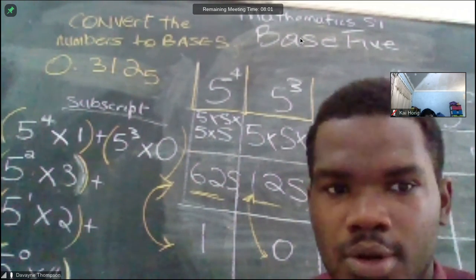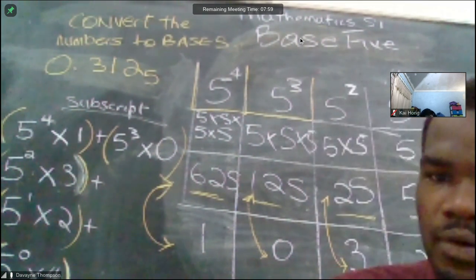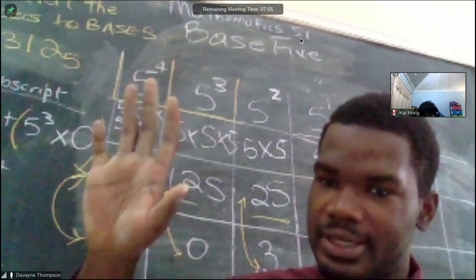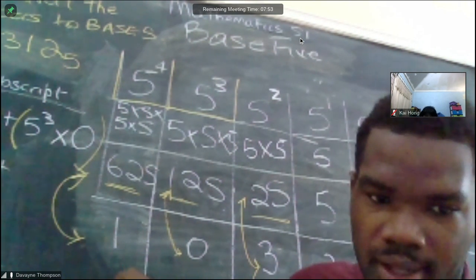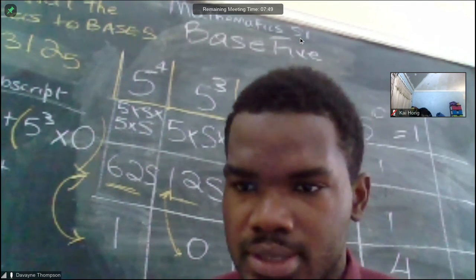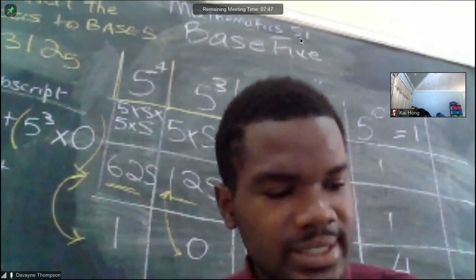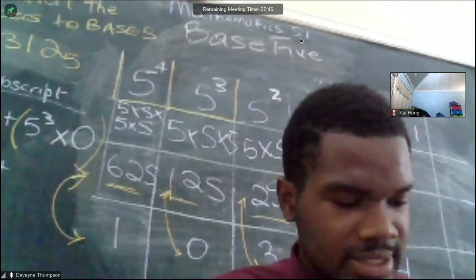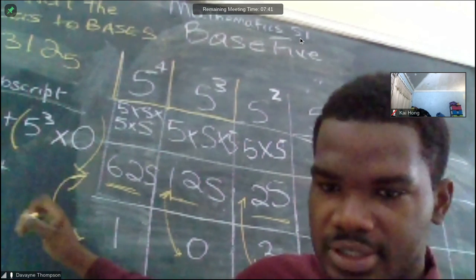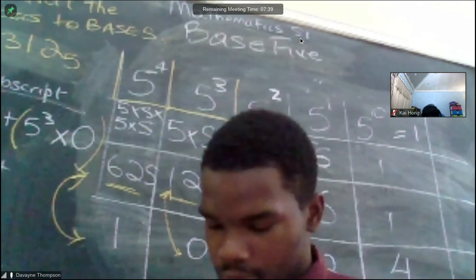No, sir. No, right? So therefore, this table doesn't really help us directly because this 1, this 0, this 3 are all whole numbers. So if I wanted to express 0.312 as converting to base 5, here's what I would do.